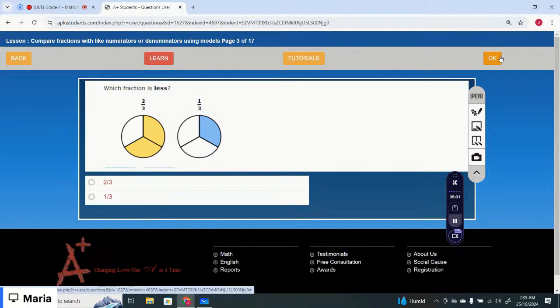Which fraction is less? 2 by 3, 1 by 3. 1 by 3 is less than 2 by 3. The correct option is 1 by 3. Very good.